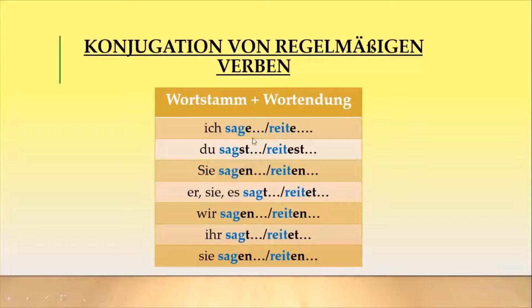Now, most of the regular verbs will have the conjugations like the verb sagen conjugation, as you can see here. Ich sage, du sagst, er, sie, es sagt, wir sagen, ihr sagt, sie sagen.